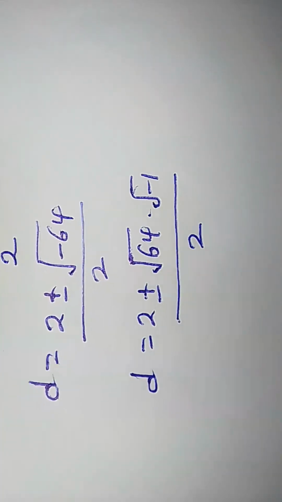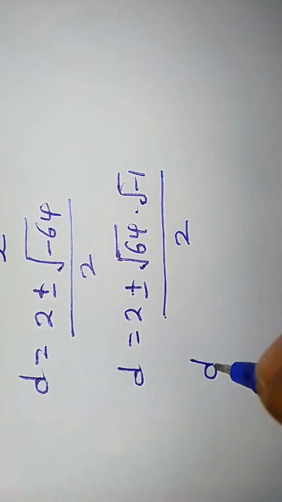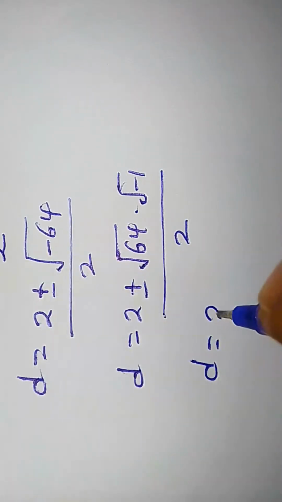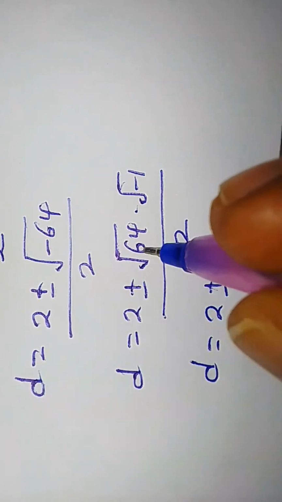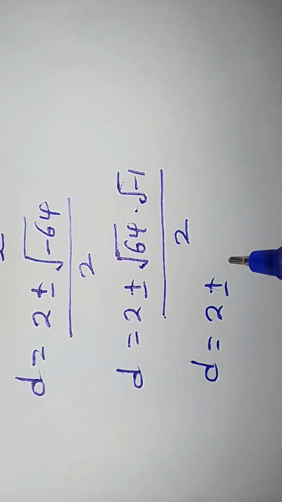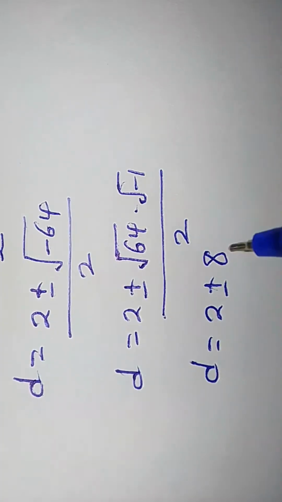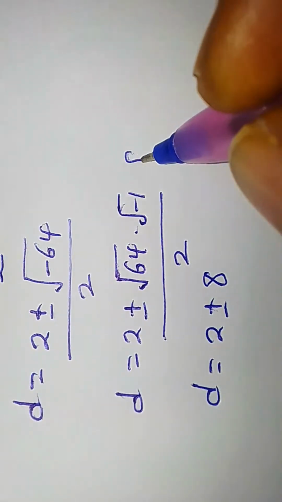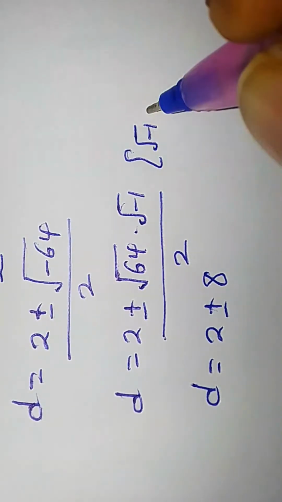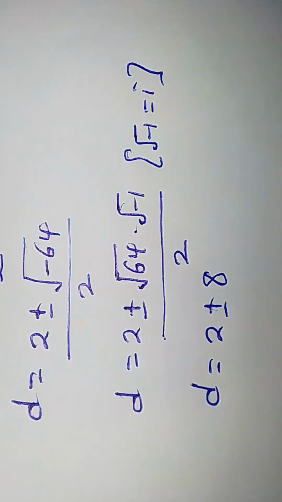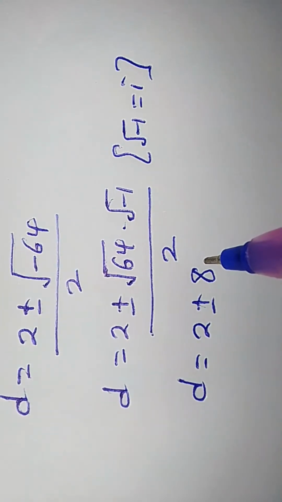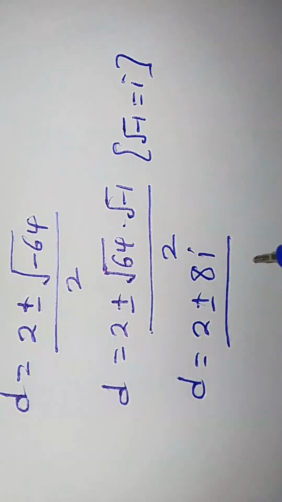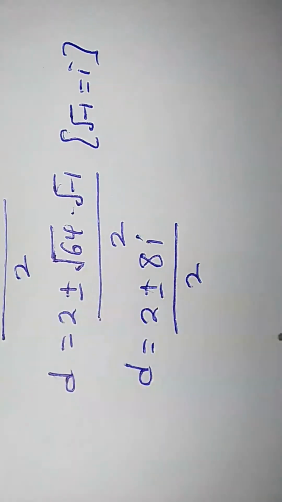Let's continue. So we have d equal to 2 plus or minus. What is the square root of 64? That is simply 8. And don't forget, from complex numbers, we know that the square root of negative 1 is equal to i. So we have 8i here divided by 2.